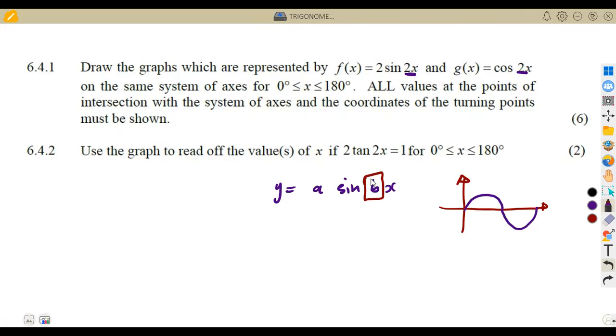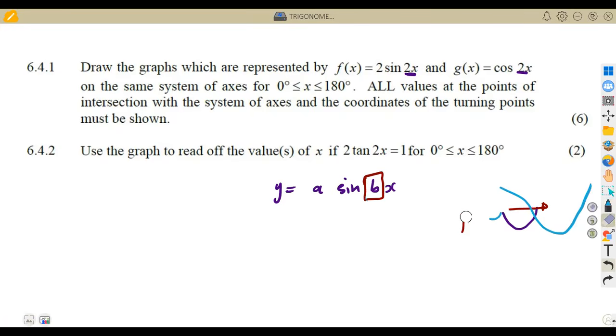So the period is being affected, meaning our graph is not going to end at 360. Maybe our graph is going to end at 180, or our graph is going to even exceed 360 degrees. So it's because of this that it affects the period of the graph.